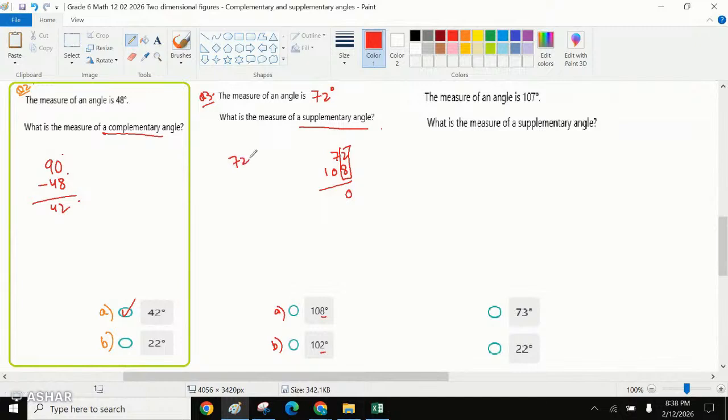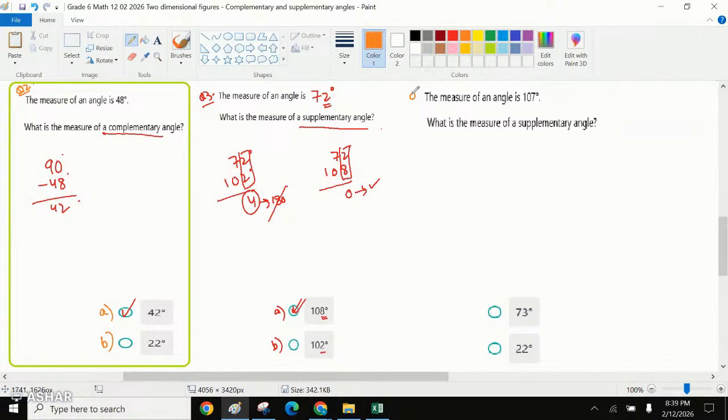When we add 72 to 102, it becomes a 4. This cannot go up to 180, right? But this can be 180. Agreed? So, just by looking at the last digits, we can also find the answer.